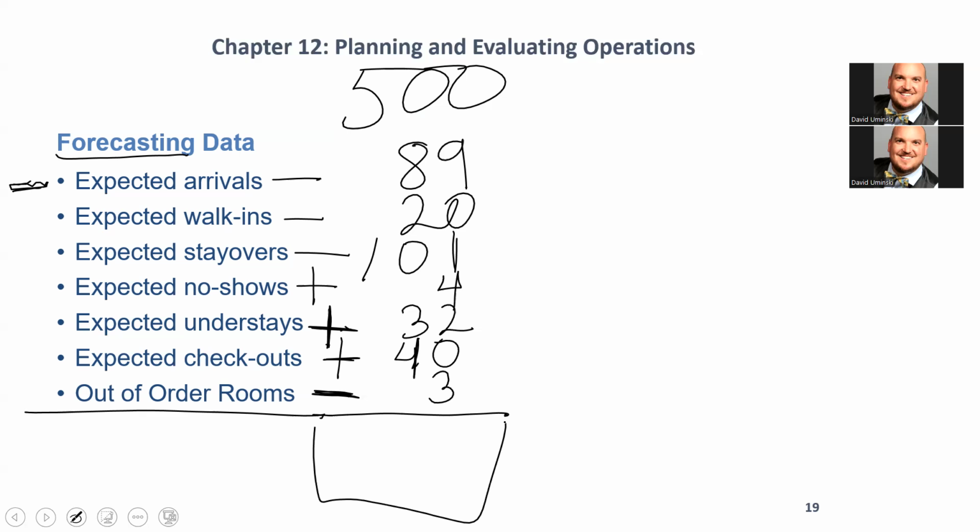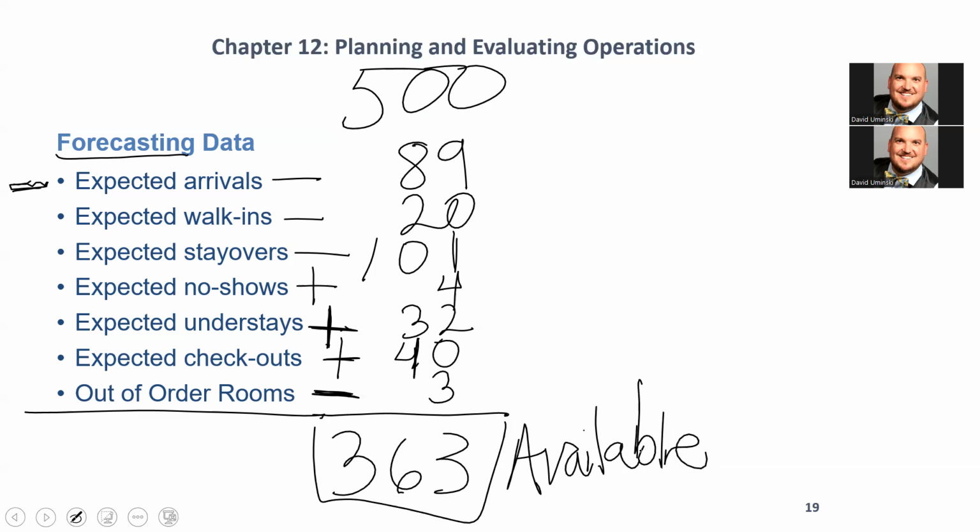We're going to add those 4 back in, add those 32 back in, add the 40 back in, and subtract those 3. So of my 500 rooms, I have 363 rooms available. So that's how I can forecast and plan how many rooms I have available left to sell.